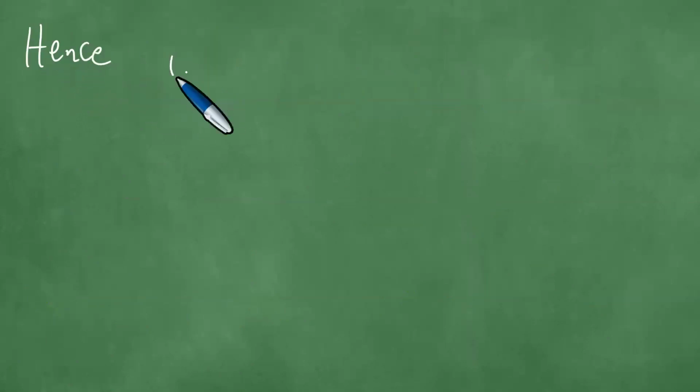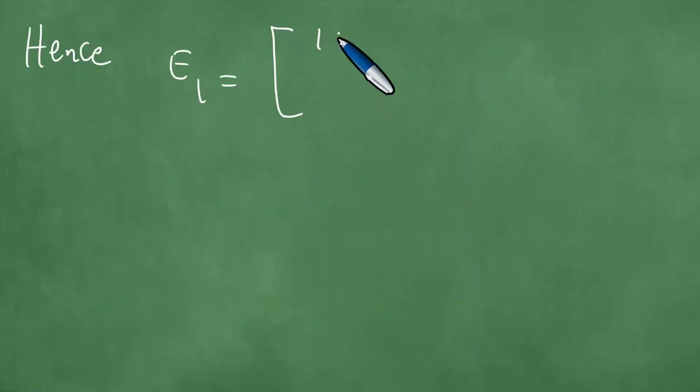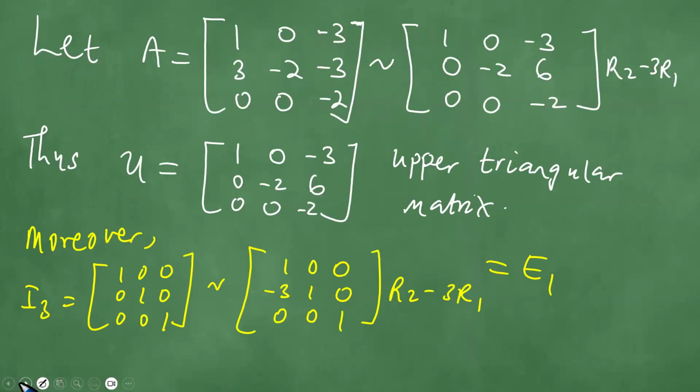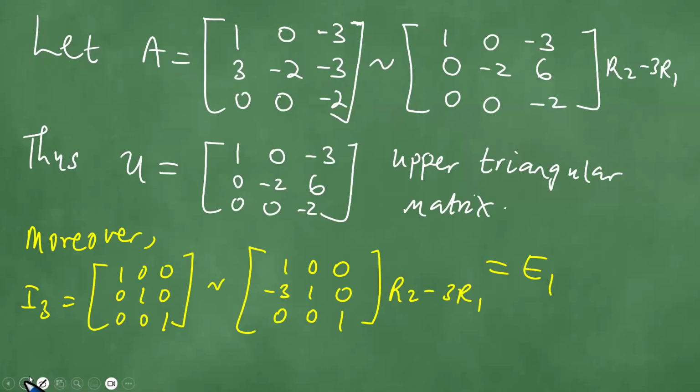Hence, we have the elementary matrix E1, which is 1, 0, 0, then minus 3, 1, 0, and then 0, 0, 1.